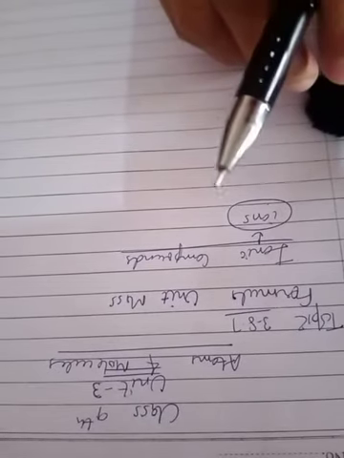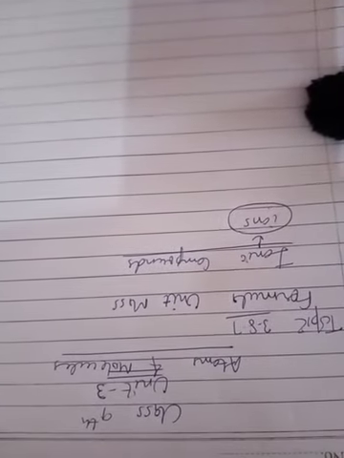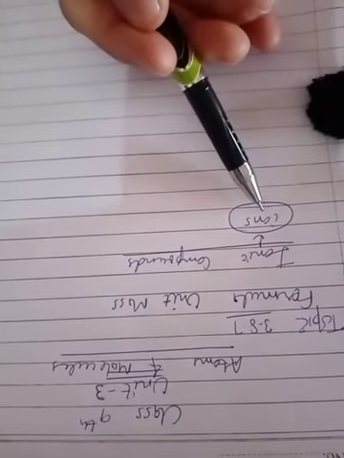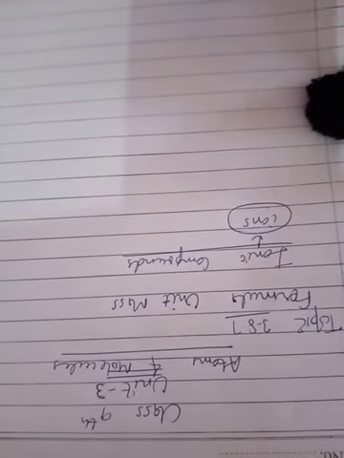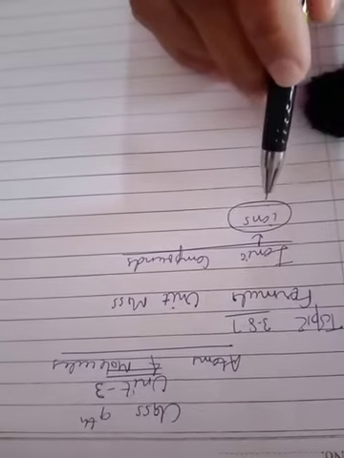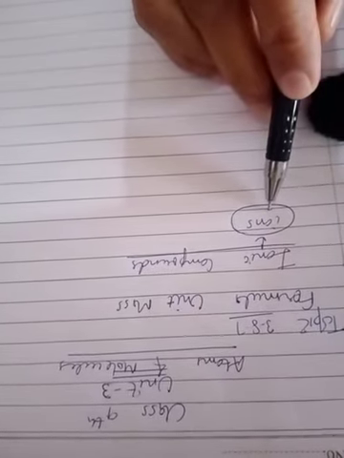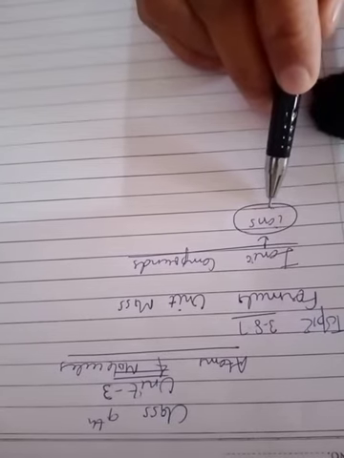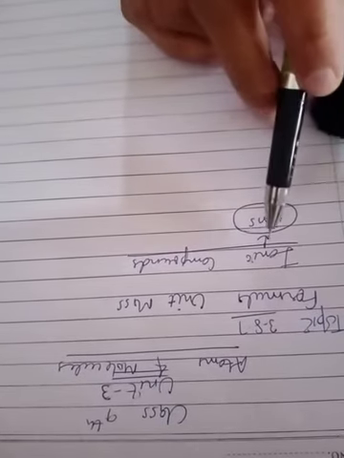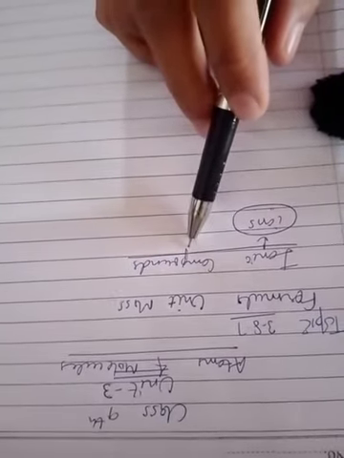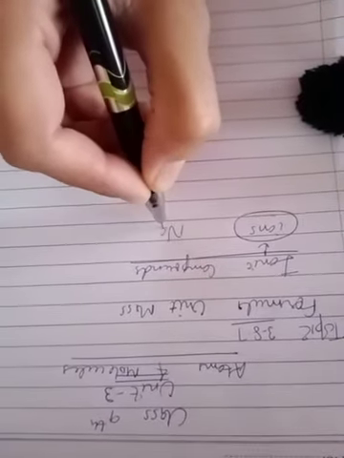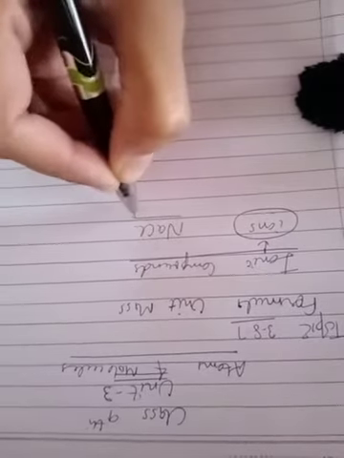The atom which loses electrons will behave like a positive ion, and the atom which gains electrons will behave as a negative ion, that is named as anion. So the compound formed by combination of these ions, positive and negative, that is cations and anions, is termed as ionic compound.